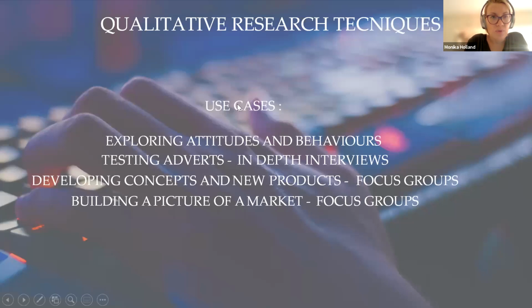The use cases for the qualitative research techniques are usually for exploring attitudes and behaviors. We want to understand how people buy certain things. Testing adverts, we'll use in-depth interviews, for example.